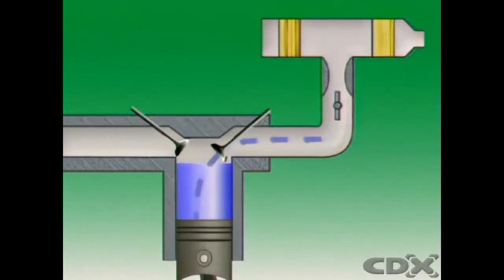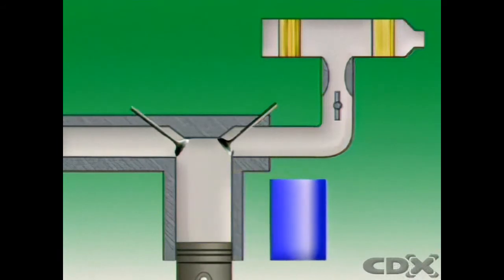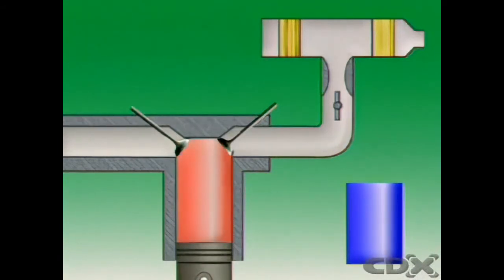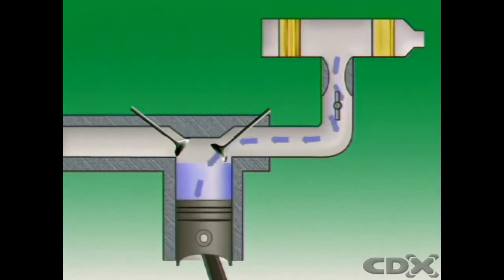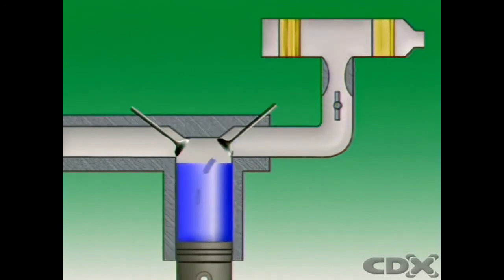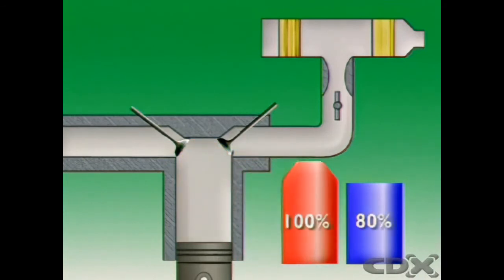Volumetric efficiency compares the volume of air entering a cylinder during intake to the internal volume of the cylinder when the piston is at bottom dead center. It's usually expressed as a percentage. In a naturally aspirated engine, one without forced induction, volumetric efficiency can never be 100%.